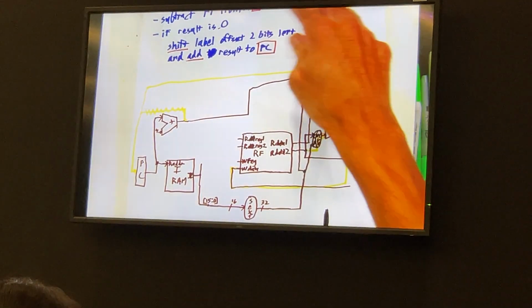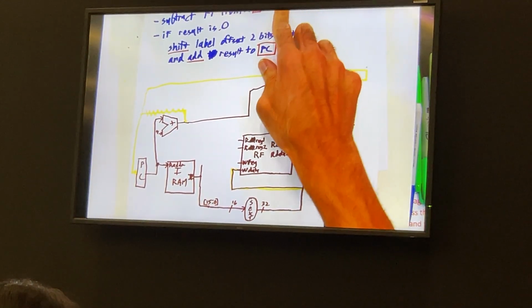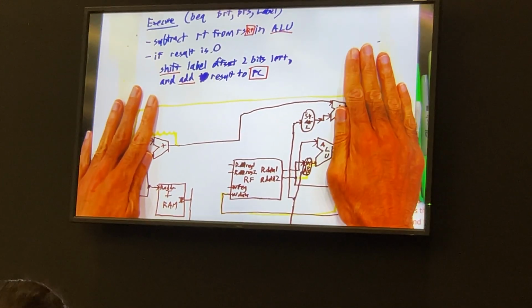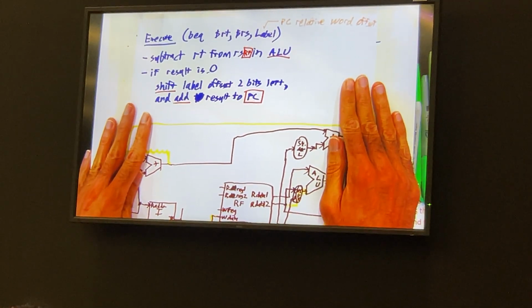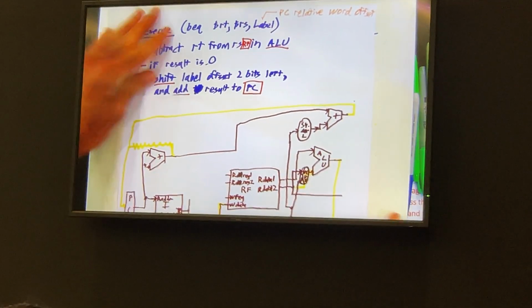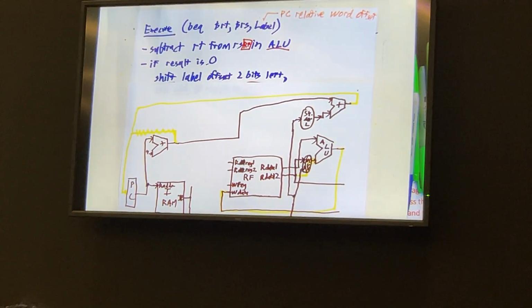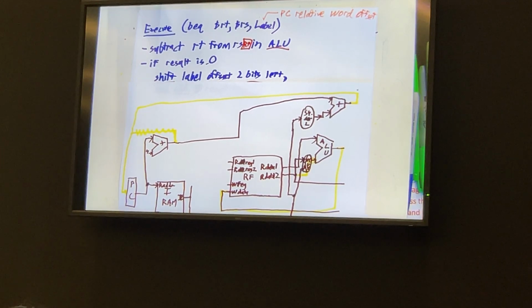Yeah, because this is a 16-bit label, so you have to do both the sign extend and convert the word address to the byte address. We're converting the word address to byte address. That's the shift, because that's multiplying by 4. Yeah, shift left 2.